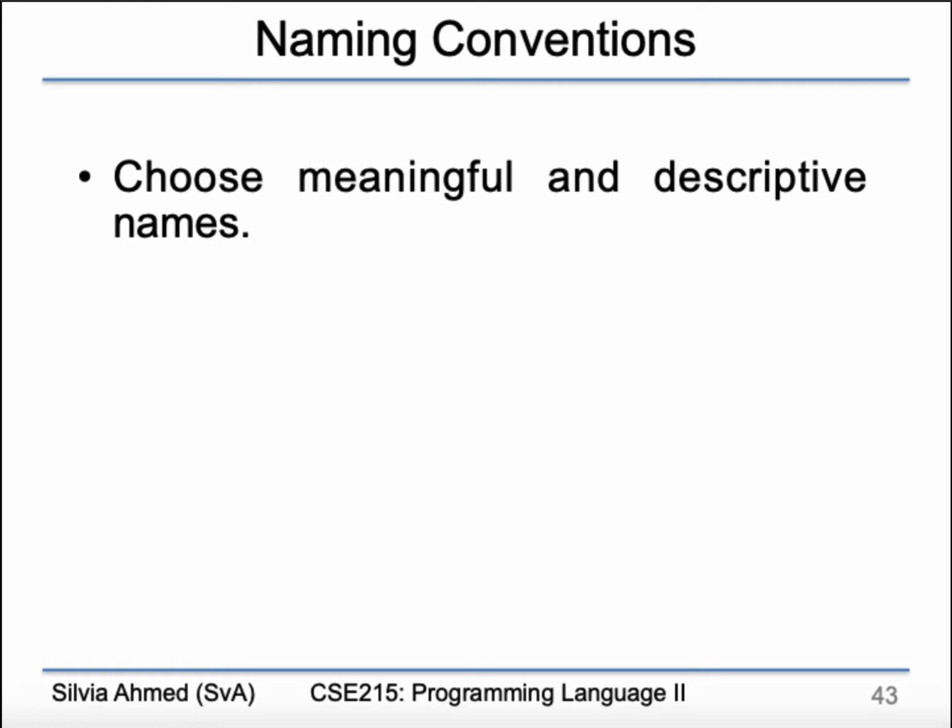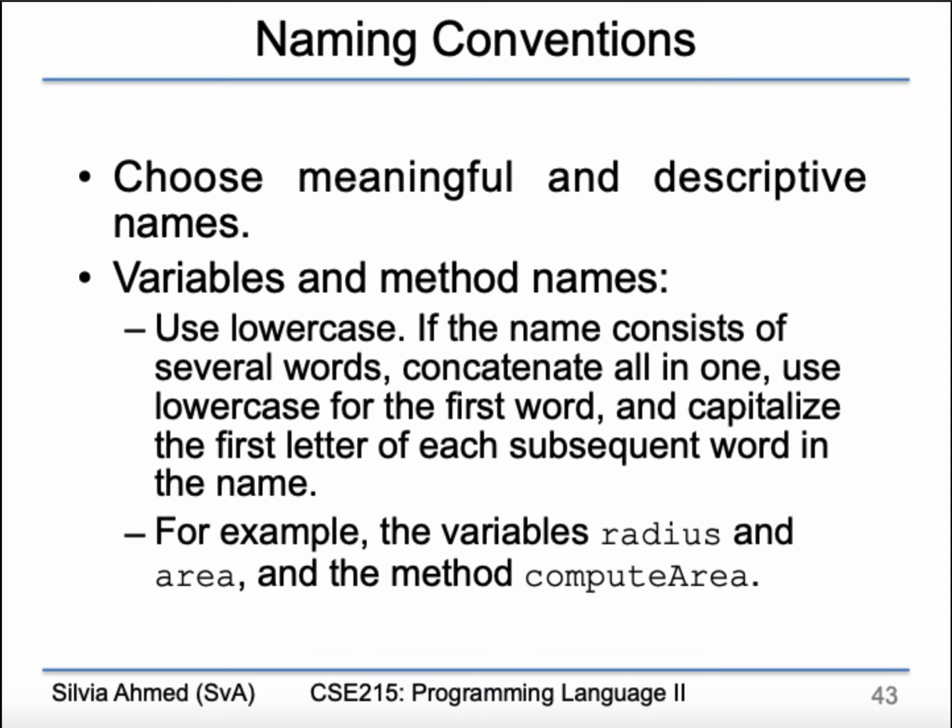Instead of always writing int A, int B, int C, after a while you will actually forget what is A, what is B, what is C. Instead you write num1, num2, number of students, or number of courses. A little bit descriptive name so that you remember, or this is easily understandable from your code.